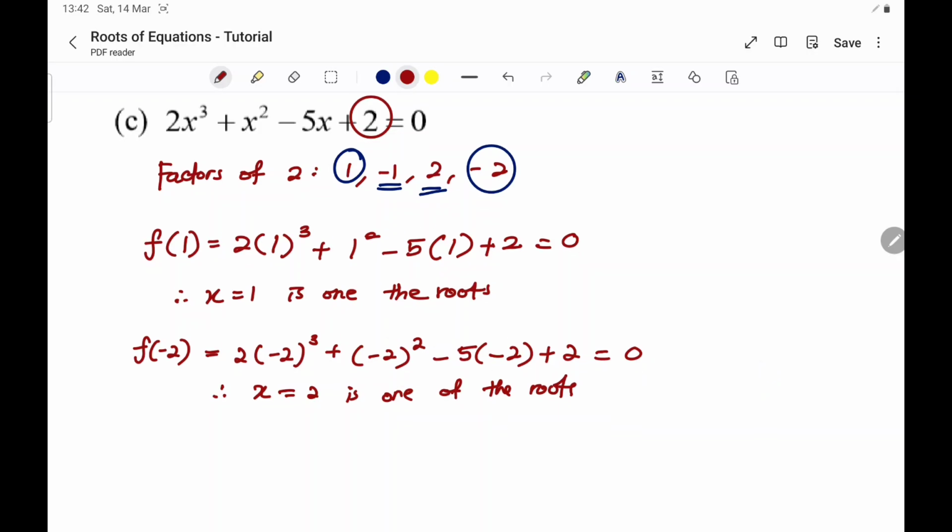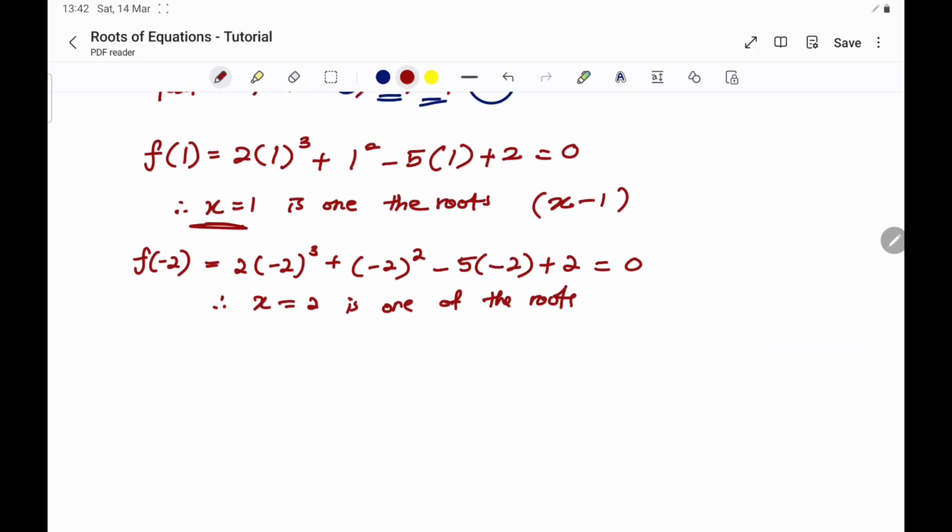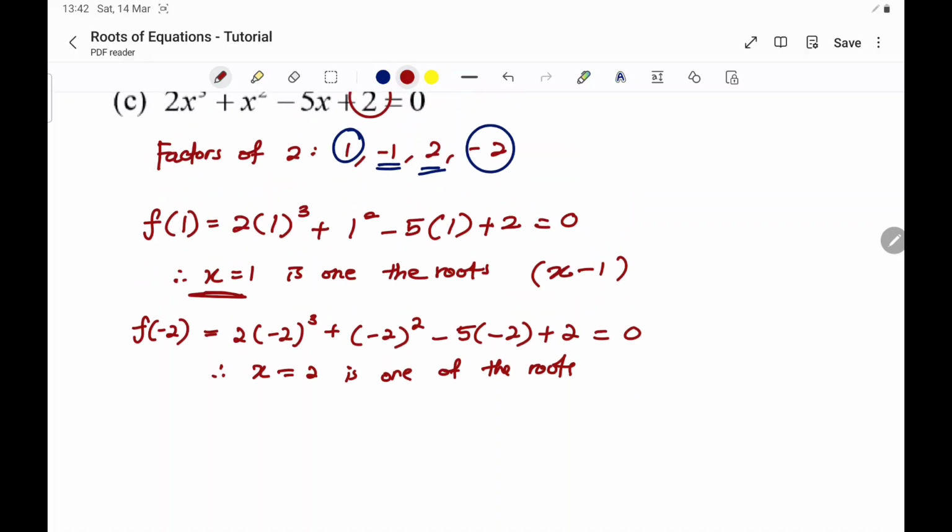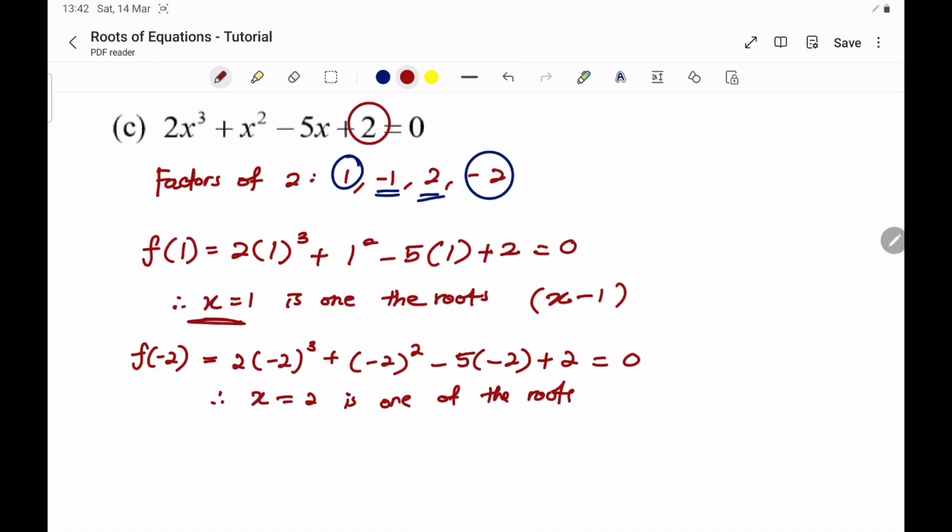So by right, once you got x is equal to 1, this is one of the factors of the function 2x cubed plus x squared minus 5x plus 2. Then x is equal to negative 2 becomes a factor, which is x plus 2, of the function that you have.